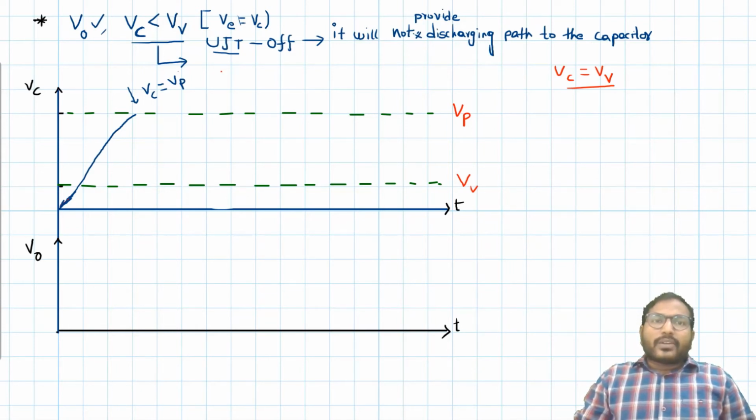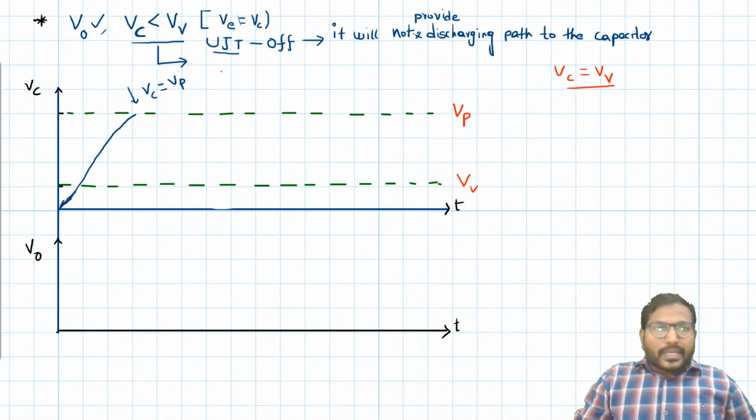When the UJT turns on, it allows the path for discharging. From that instant, the capacitor starts discharging its voltage, meaning the capacitor voltage is going to decrease. Concentrate at this point, where the capacitor voltage is equal to the valley point voltage.